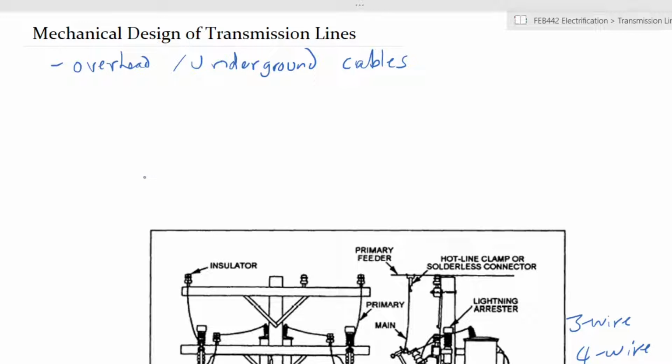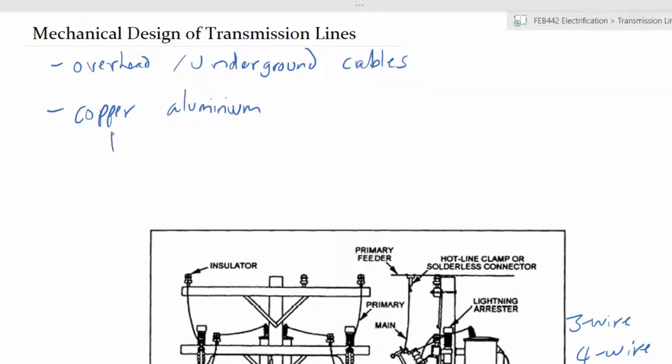In the case of underground cables, these will be dug under the ground, they will be buried, and you will have to have insulation and protection, mechanical protection, to prevent any damage or water ingress into the underground cables. Generally, for all types of overhead cables, we have 2 types of materials, either copper or aluminium.